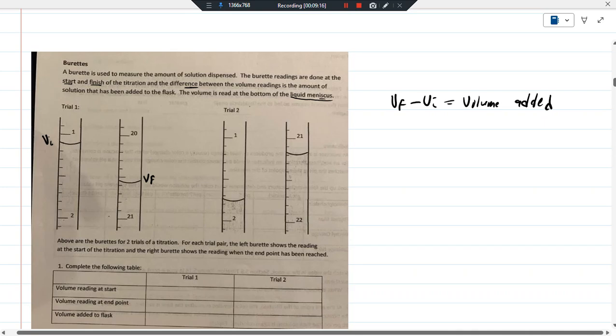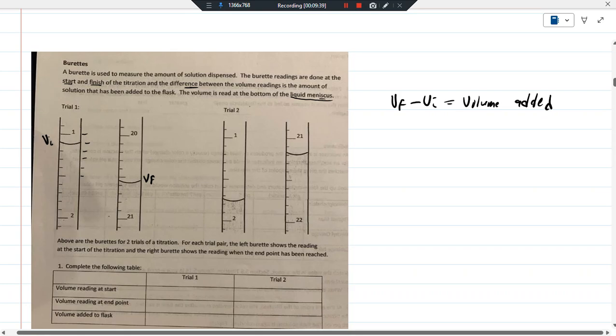Now how do you read this burette? How you read a burette is that it starts at 1, and then 1.1, 1.2, 1.3, 1.4, 1.5.